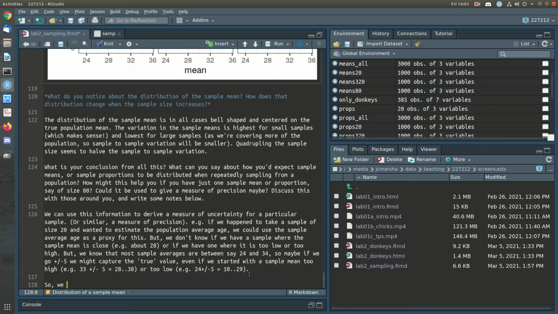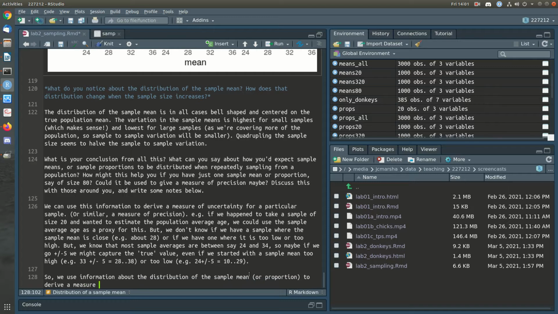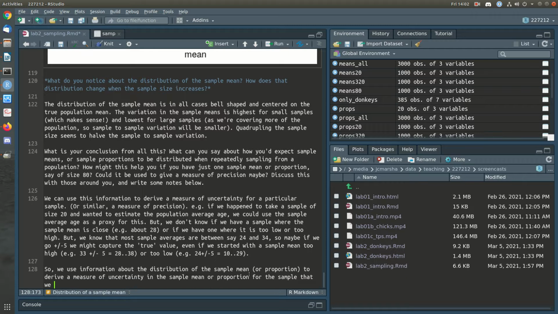So we use information about the distribution of the sample mean or proportion to derive a measure of uncertainty in the sample mean or proportion for the sample that we have.